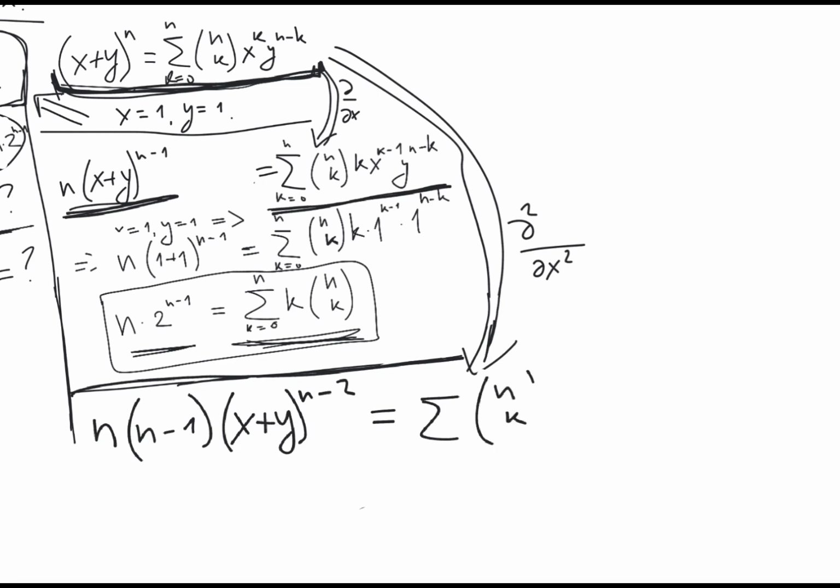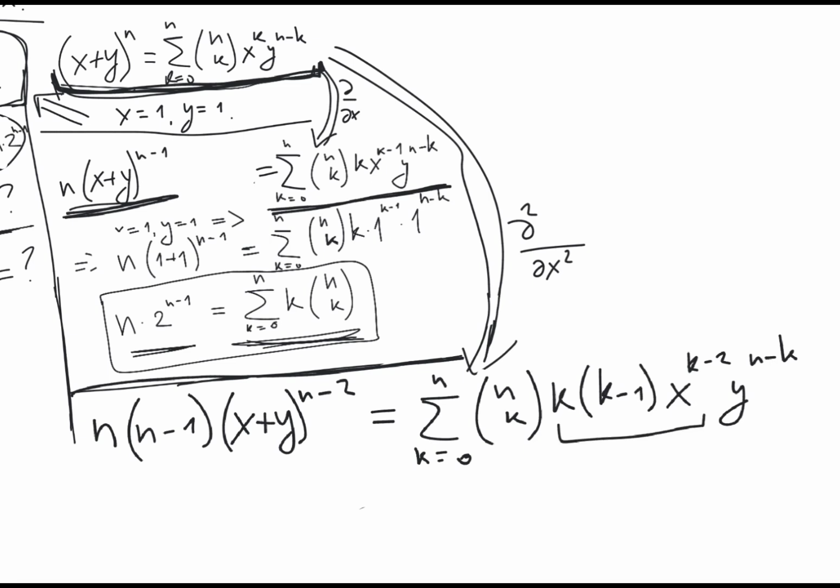And on the right hand side we get the binomial coefficient n choose k under the sum, and here we have k multiplied by k minus 1, x to the power k minus 2, y to the power n minus k, right? So this is the second derivative in x, and everything else is a constant.